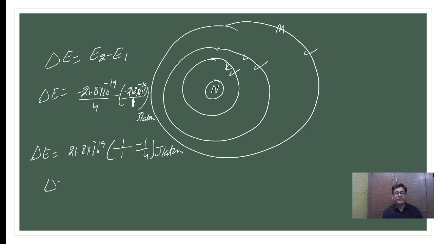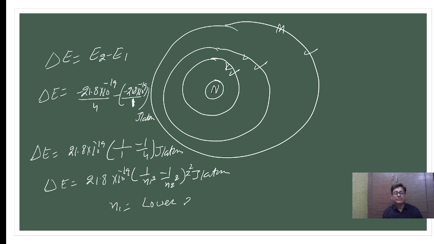In general, we can write it as 21.8 into 10 to the power minus 19 times (1 upon n1 square minus 1 upon n2 square) joules per atom. We have to multiply it by the square of the atomic number. Here n1 is the lower energy level and n2 is the upper energy level.